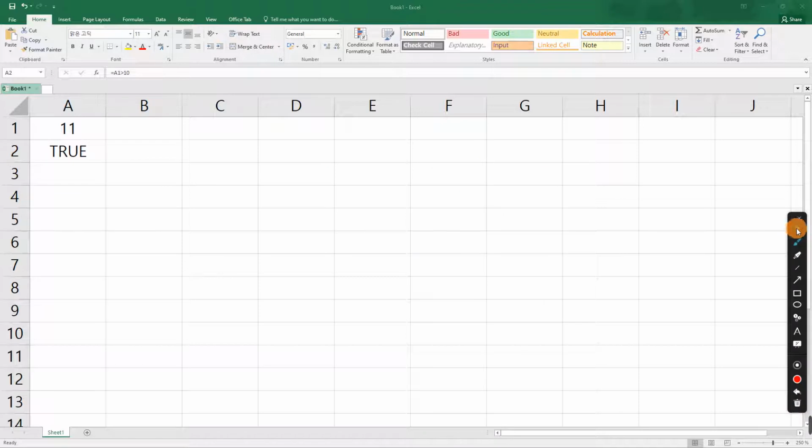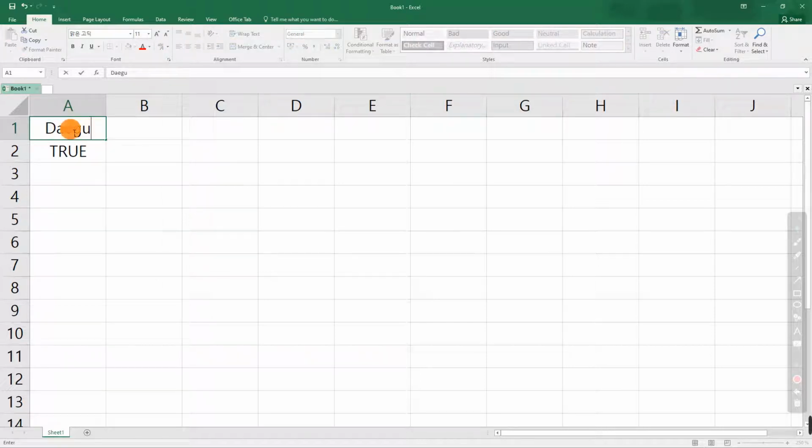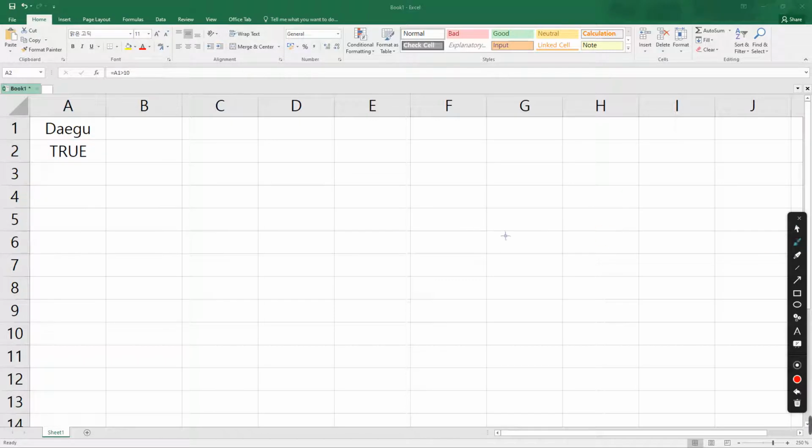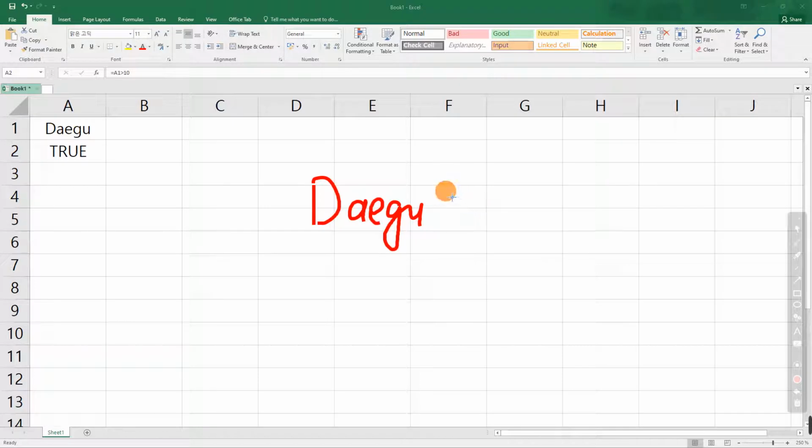So now let's modify the input. Instead of some number, let's use some text. So let's compare text with 10. What happens? Something strange happens, right? You compare text and what? With 10, right?